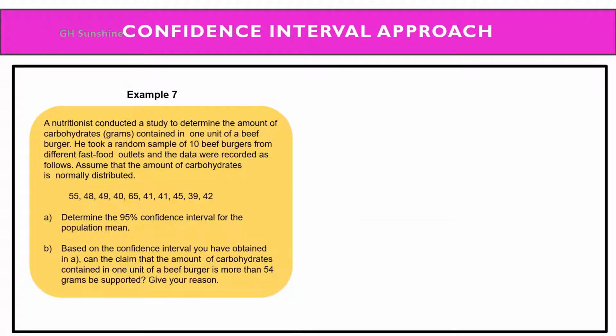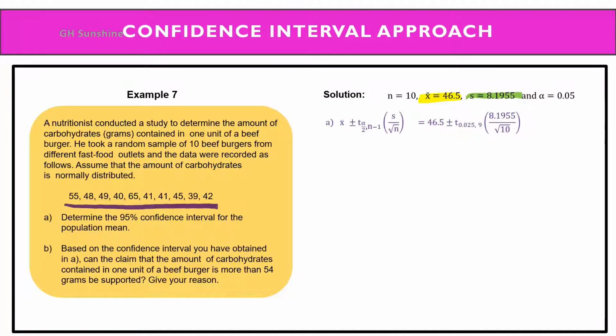So now we will use the confidence interval approach to test the claim. First, what we need to calculate is the sample mean and also the sample standard deviation based on the given data. So calculate the sample mean equal to 46.5, sample standard deviation equal to 8.1955.